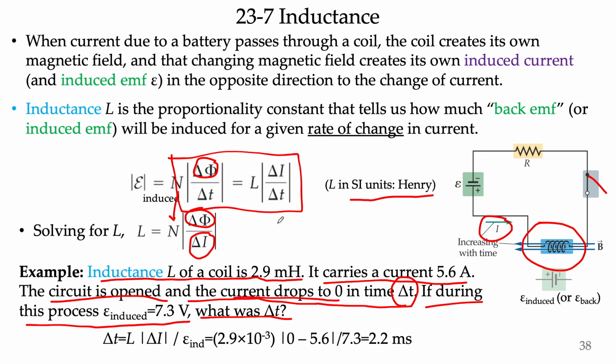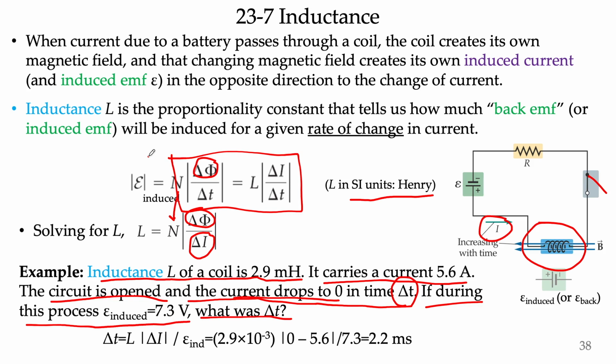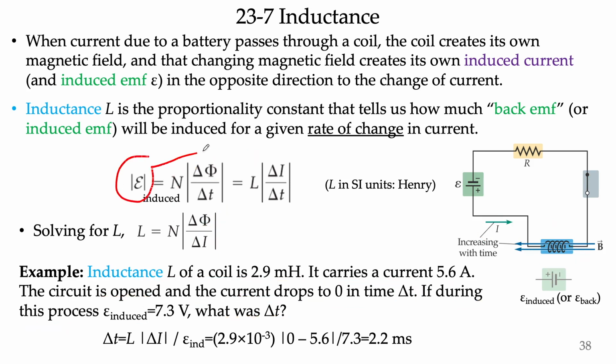Now, what we are going to do is use this part of the equation and this part. So this is given to be 7.3. L is given to be 2.9. And now, what is the change in current?